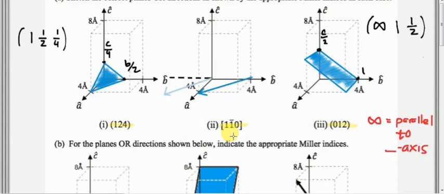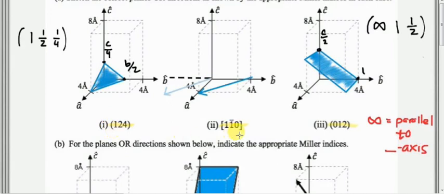Now 1, 1 bar, 0. Take the reciprocal of that. It will be 1, 1 bar and 0. 1 by 0 is infinity, so it is not touching the C axis. And look at the square bracket there. Square brackets represent the direction. The parenthesis represents the plane.